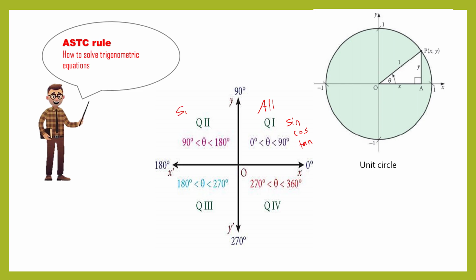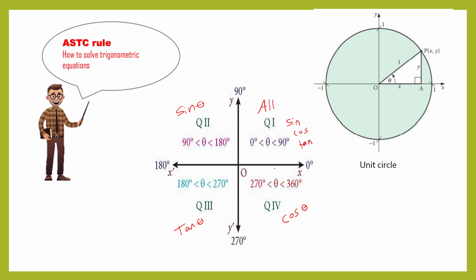Only the sine is positive. Between 180 and 270, the third quadrant, the tan is positive. The last, from 270 to 360, cosine is positive. So you need to memorize it as asterisk, or all students take chemistry.